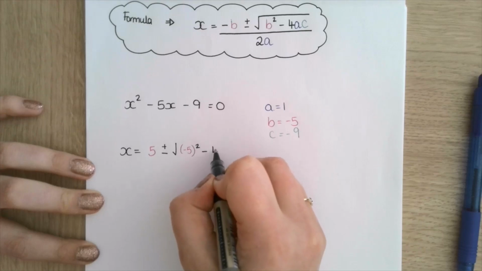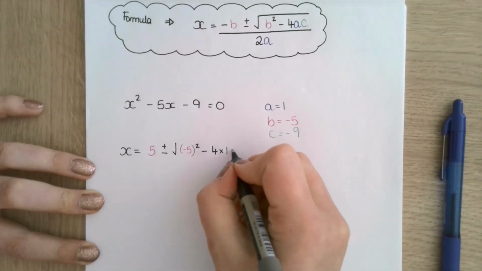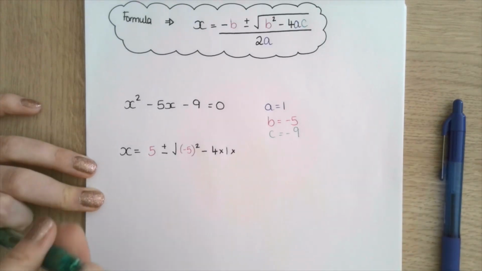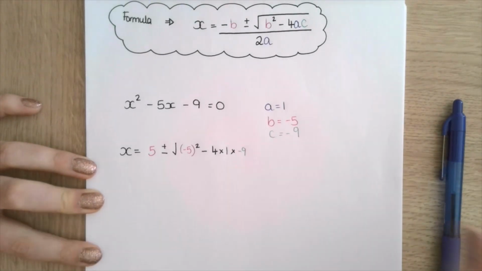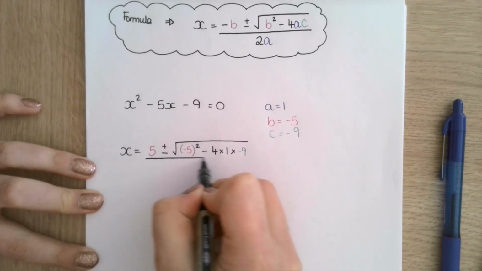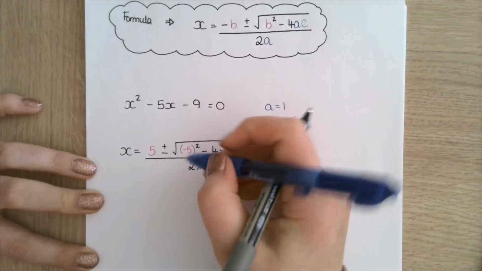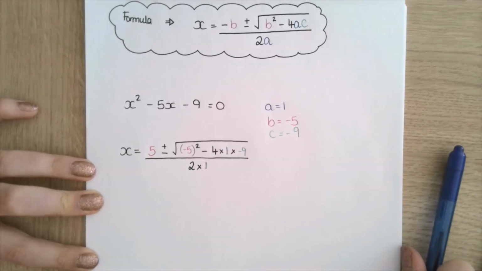Minus 4 multiplied by a, which is 1, multiplied by c, which is negative 9, and that's the square root of all of that, all over 2 times a.